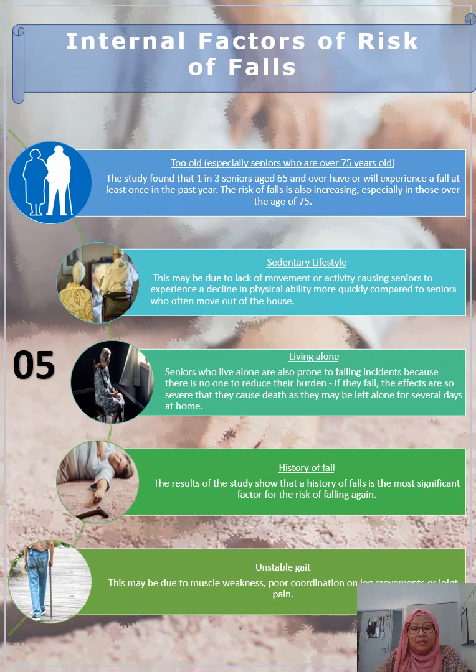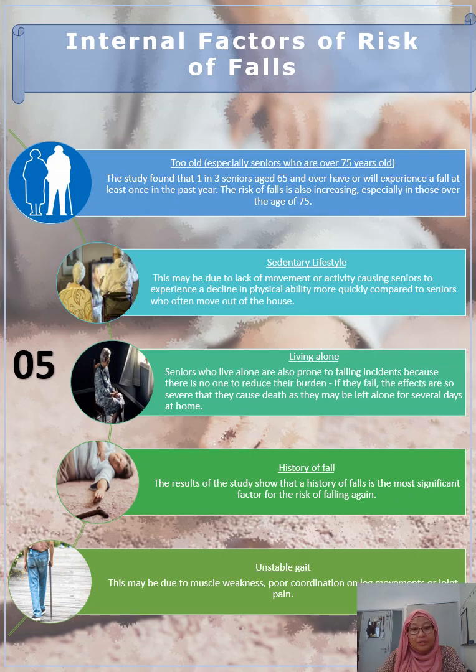A study found that 1 in 3 seniors aged 65 and above have or will experience a fall at least once in the past year. The risk of fall is also increasing, especially in those over the age of 75 years old. Why? Because of the advanced changes in the physiological system that may lead to limitations in their physical capacity.